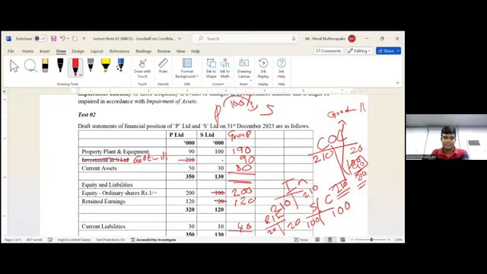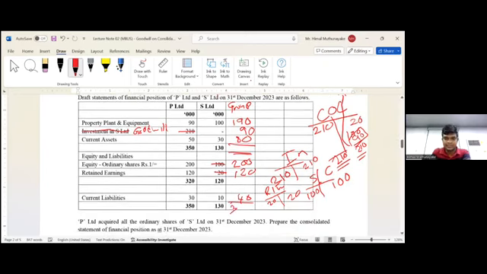This side is also 360. Is it correct? Yes, I hope so. So I have balanced the group accounts, 360 and 360.